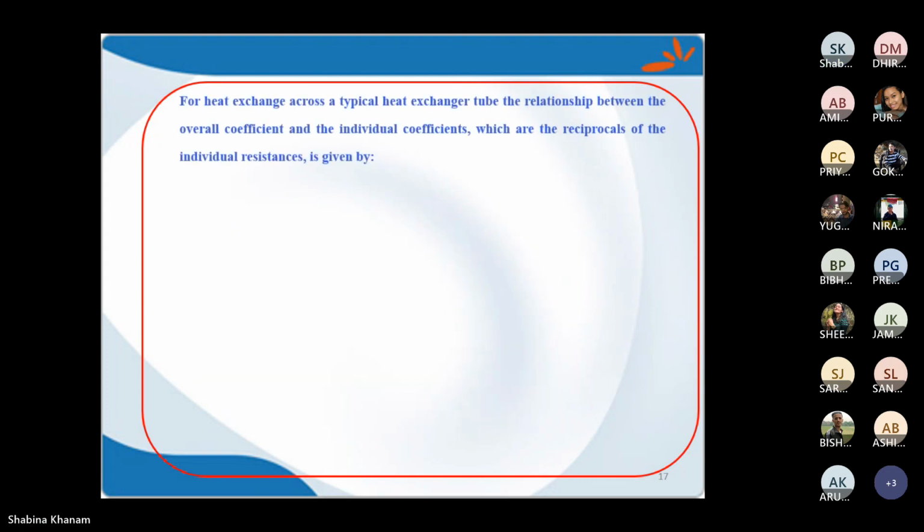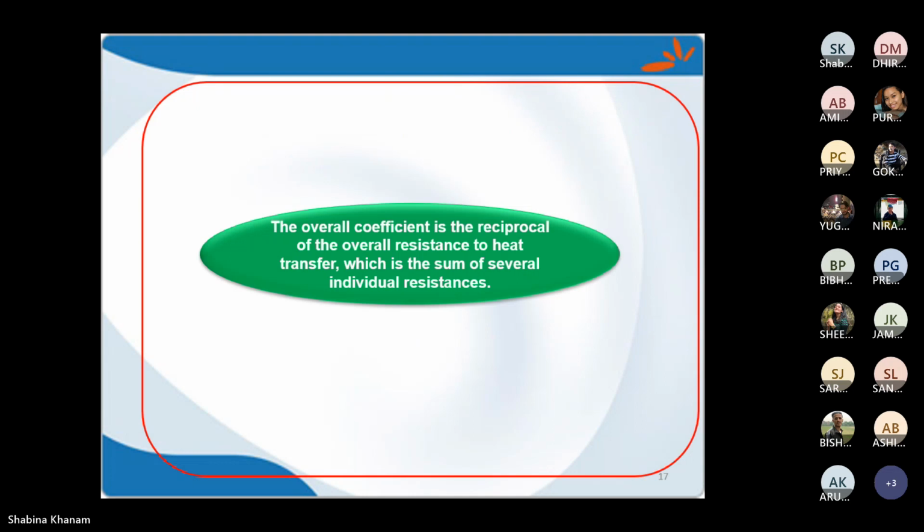Before considering the overall heat transfer coefficient, we should understand the overall resistances, and before that we should discuss individual resistances. When we consider a shell and tube heat exchanger, you can visualize it with respect to a double pipe heat exchanger.